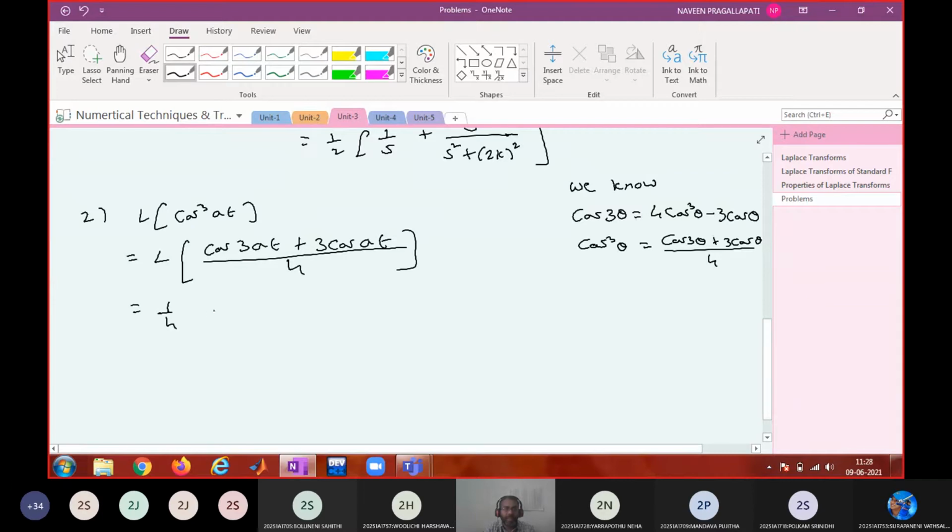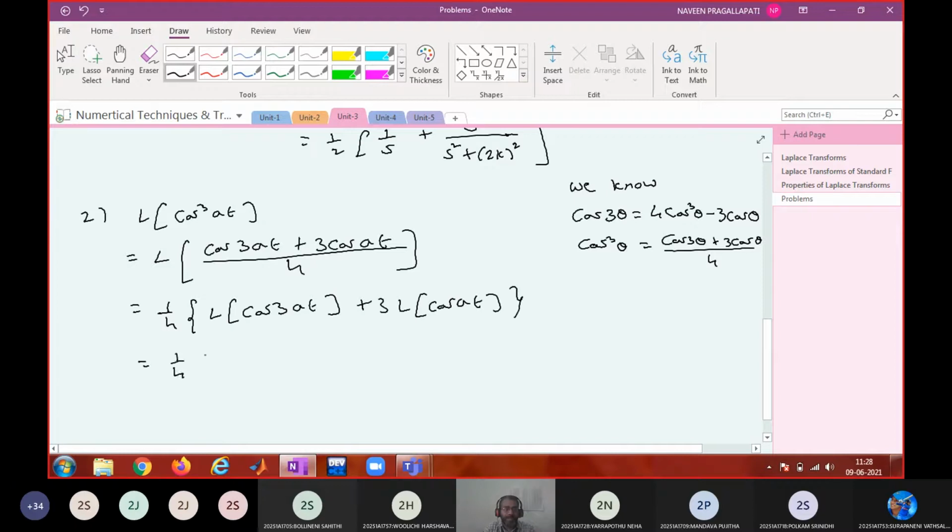So 1 by 4 times Laplace of sum equal to sum of Laplace. So Laplace of cos 3at, constants can be taken outside, plus 3 times Laplace of cos at.